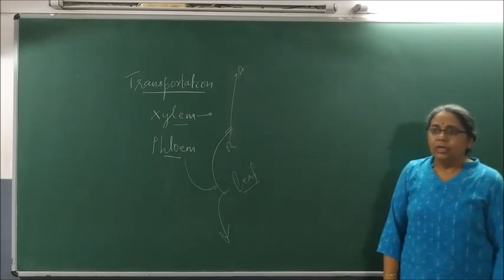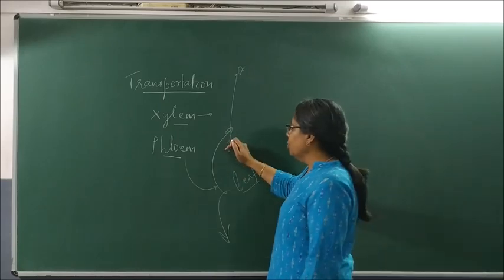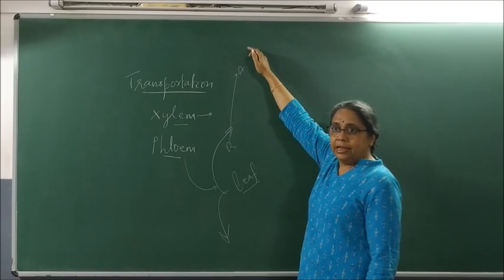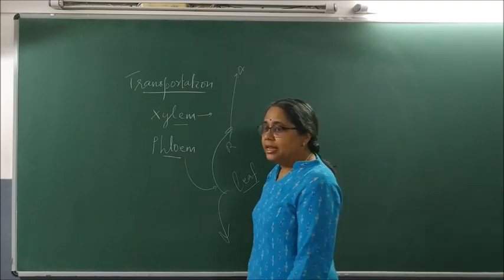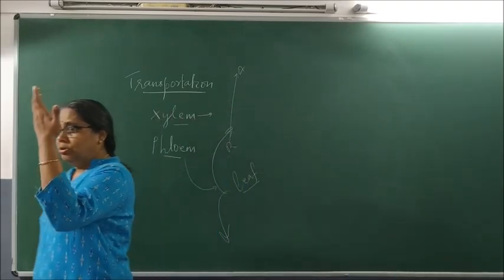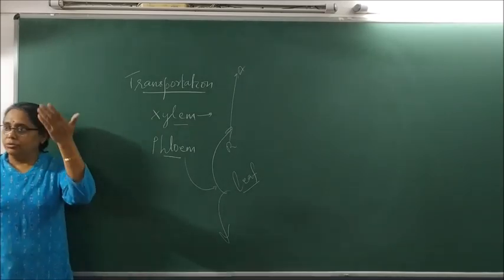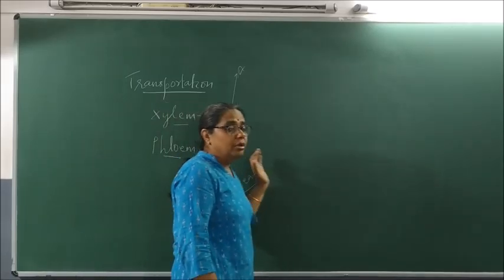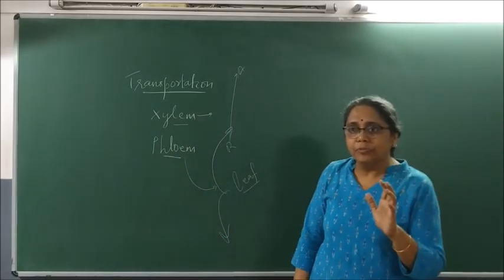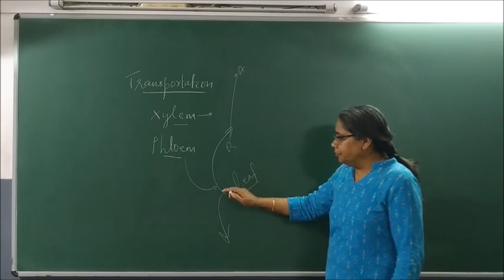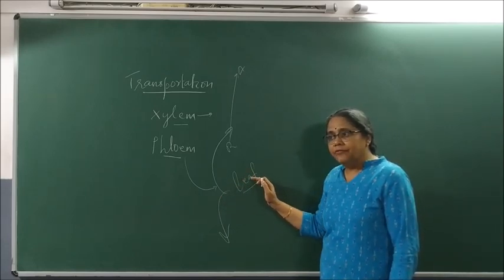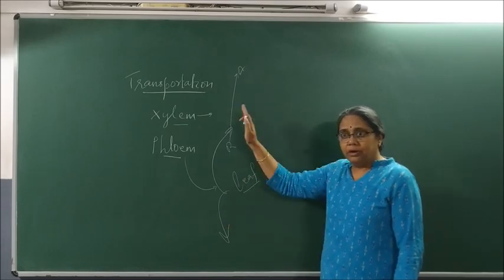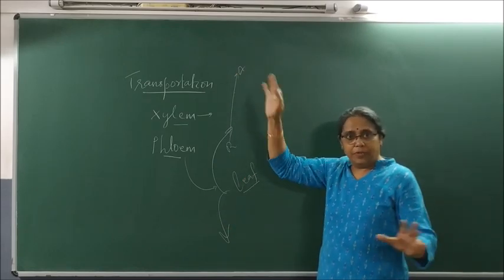It's basic that xylem always takes water and dissolved minerals from the root to the aerial part of the plant, from bottom to top, from ground level to the aerial levels. Whereas phloem takes dissolved food. Phloem is mainly used for the transportation of food. Because the leaf is the food factory of the plant, phloem takes it either below or above to all the parts of the plant.